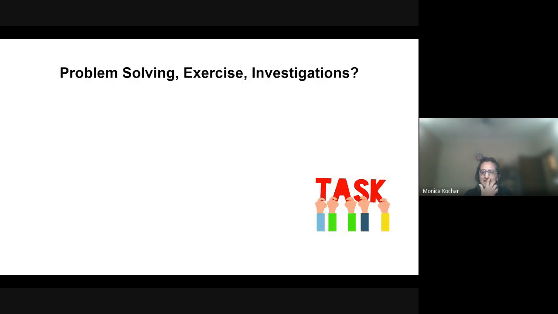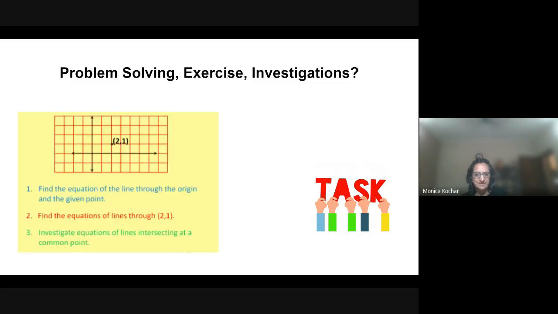Now, as maths teachers, try and understand: problem-solving questions, questions in exercise, and investigations are three different things. Let's divide them into the three. I would say to some extent, case study questions in CBSE are close to investigations. But still, let me see.